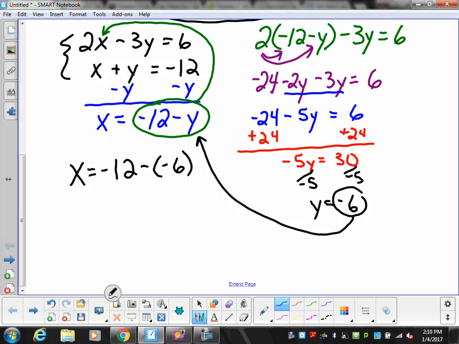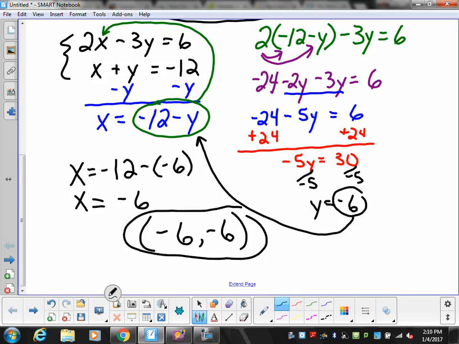And then negative 12 minus a negative 6 is negative 6. So my solution this time is negative 6, negative 6.